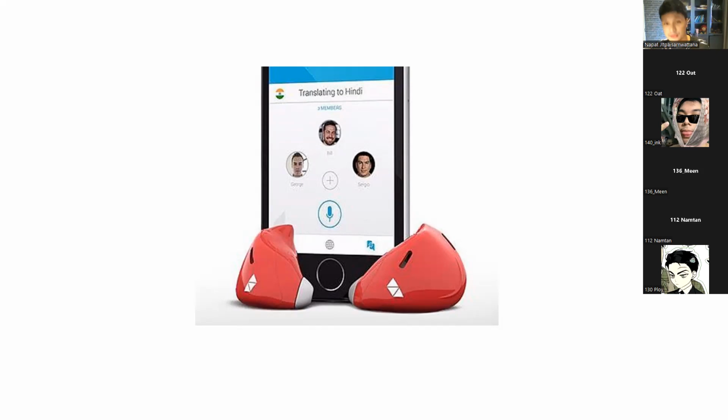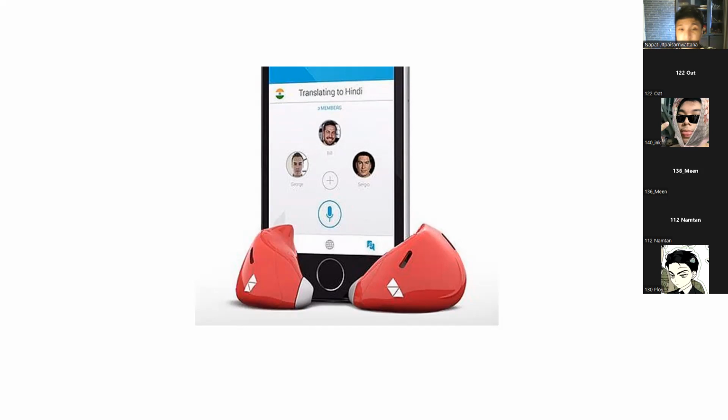So this is just to facilitate communication and help people communicate better. But as I mentioned again, it's a cool technology, but I'm not sure if it is beneficial for language learning.